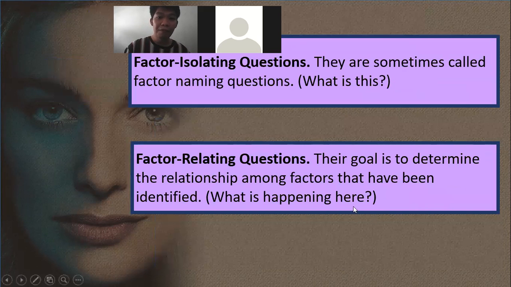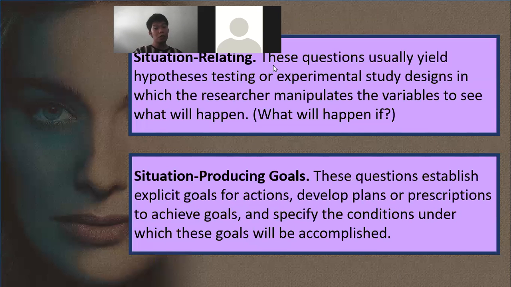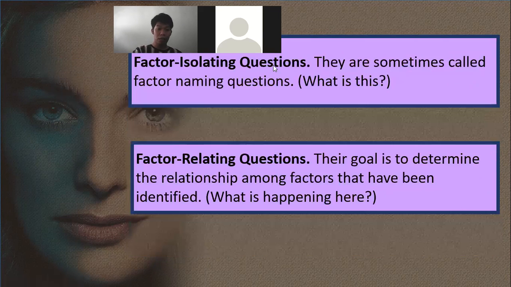And we have 4 types of researchable questions. We have the factor isolating questions, factor relating questions, situation relating, and situation producing. When we say factor isolating questions, they are sometimes called factor naming questions.